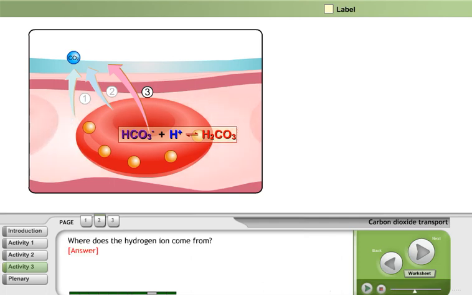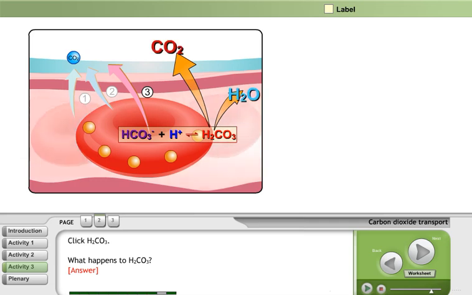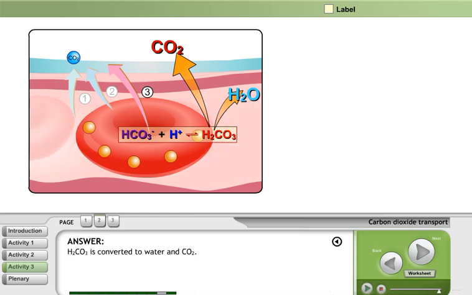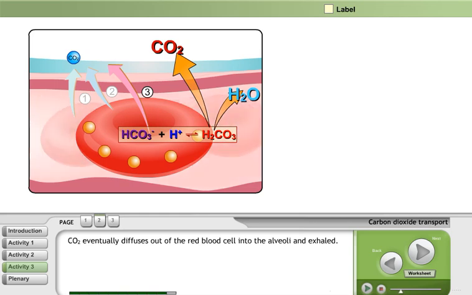Where does the hydrogen ion come from? Answer: it dissociates from the hemoglobin. Click carbonic acid. What happens to carbonic acid? Answer: carbonic acid is converted to water and carbon dioxide. Carbon dioxide eventually diffuses out of the red blood cell into the alveoli and is exhaled.